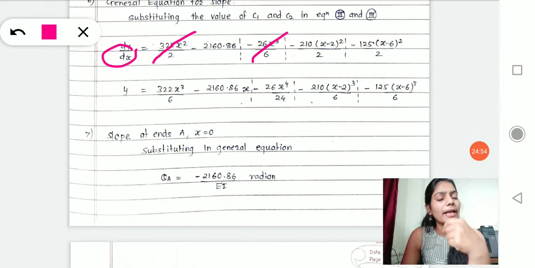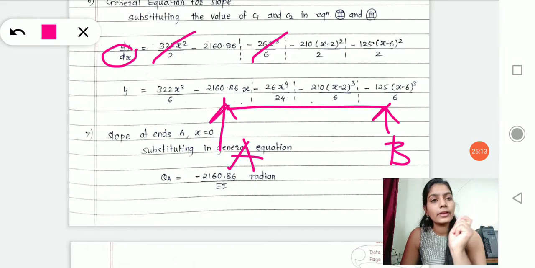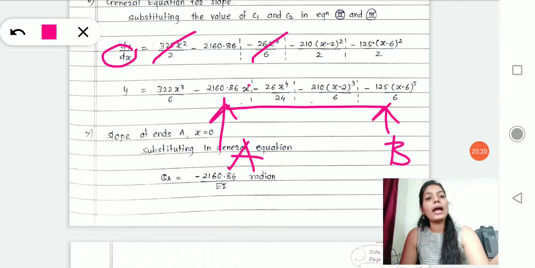You should apply this for the first compartment only. Please make a note of this. You should apply x equals 0 for only the first compartment. Why? Because for this span A to B, at A, x equals 0.